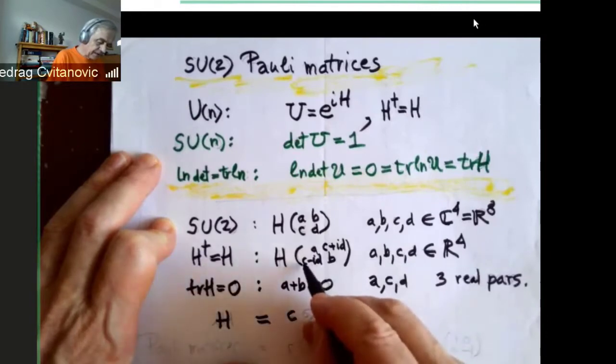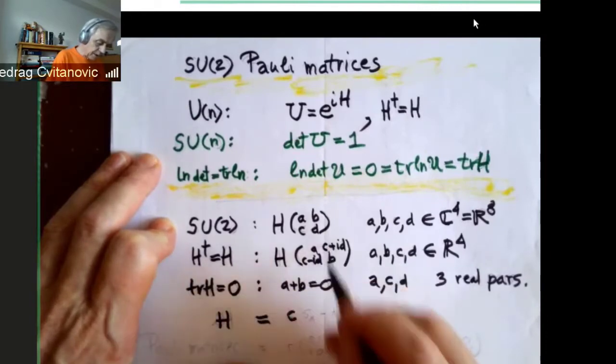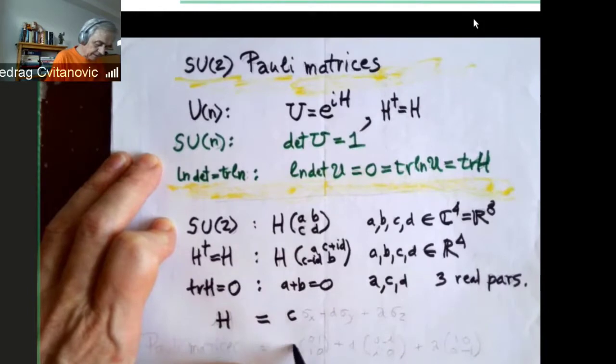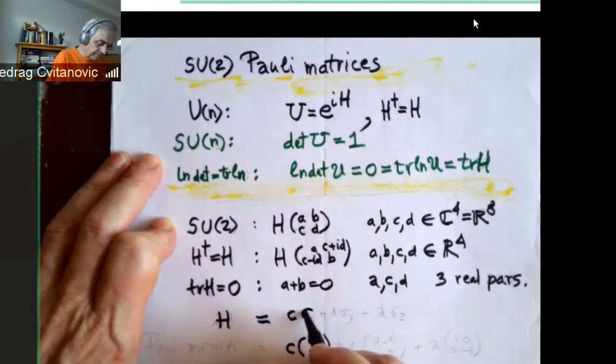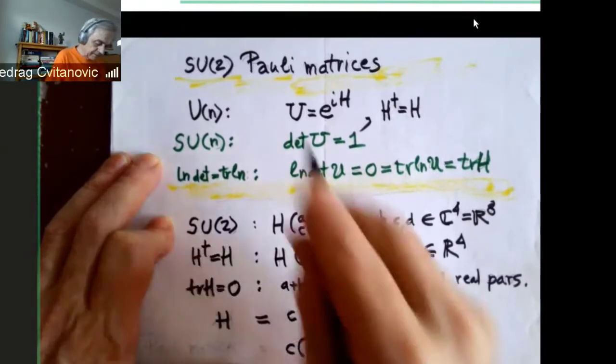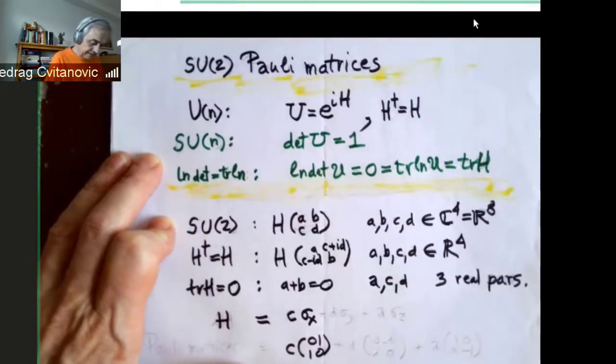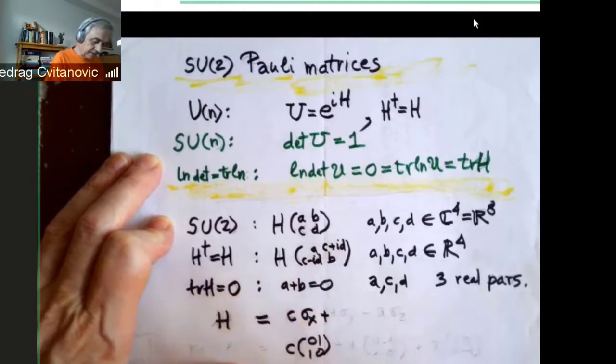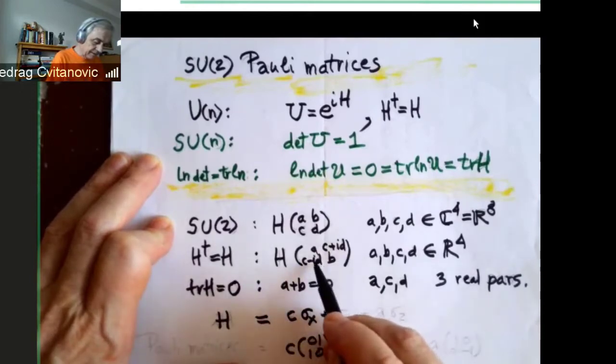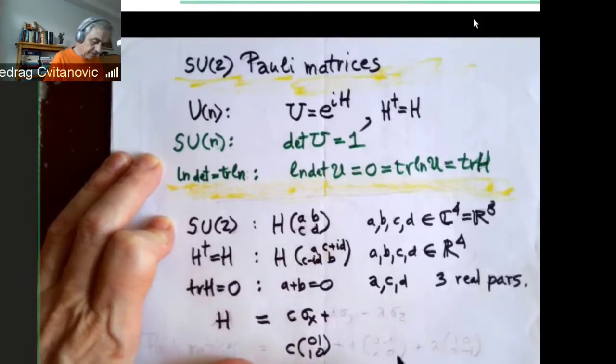So C times the thing that has 1, 1, I'll write it in both notations. And that happens to be called the Pauli matrix associated with the x-axis. Then there is this one here, the plus i minus i. Convention is to write it this way.